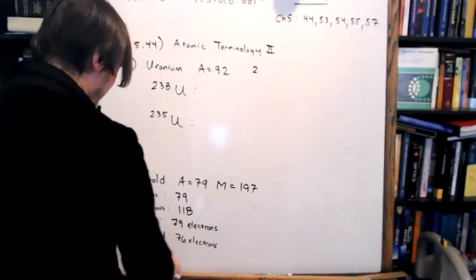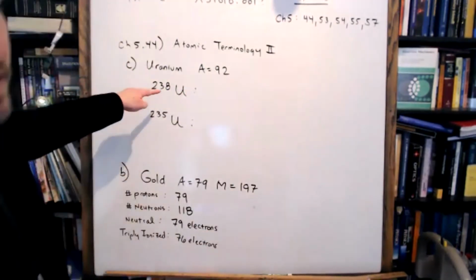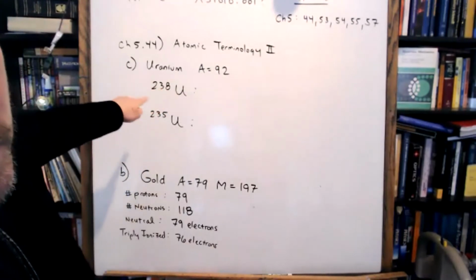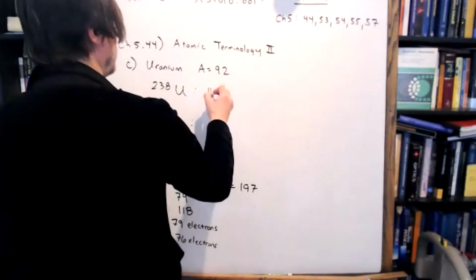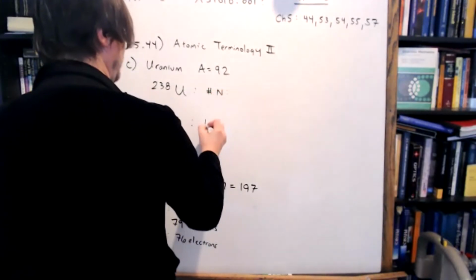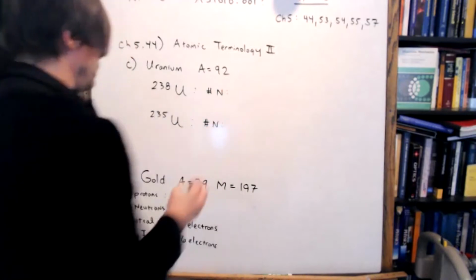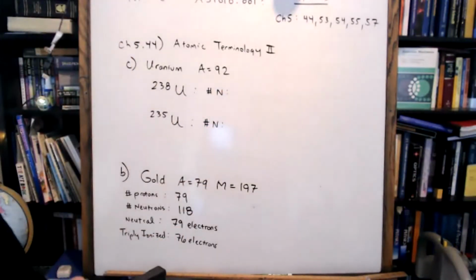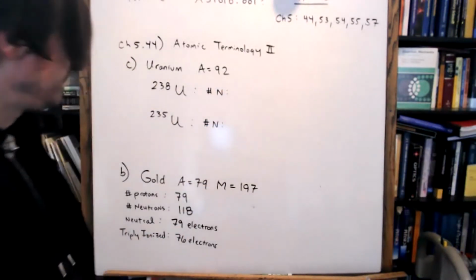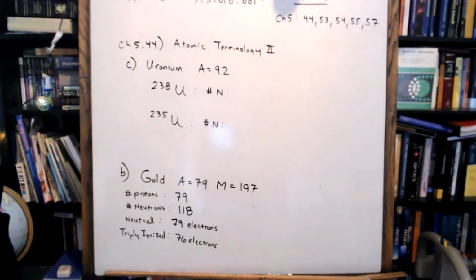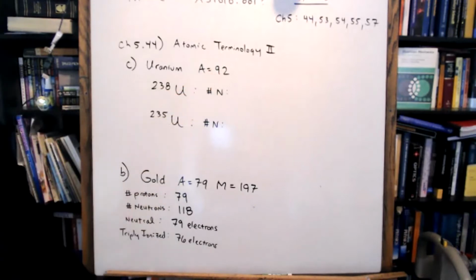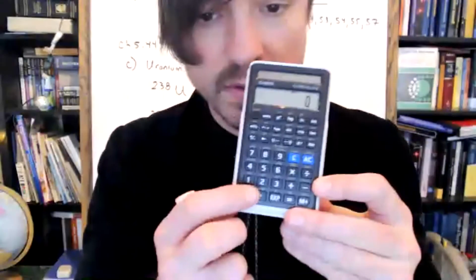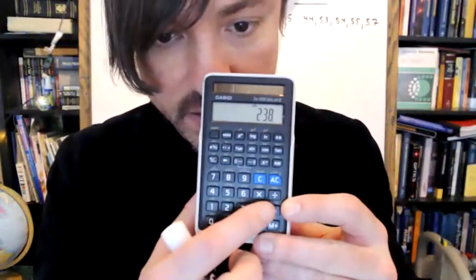Okay, so the way we would write these 2 isotopes, once again, is to put the mass number in the upper left corner, 238U, 235U. So we want to find the number of neutrons in each. How am I going to do that? Well, since we know that there are 92 protons and 238 is the nucleons, you just would subtract. 238 minus 92.